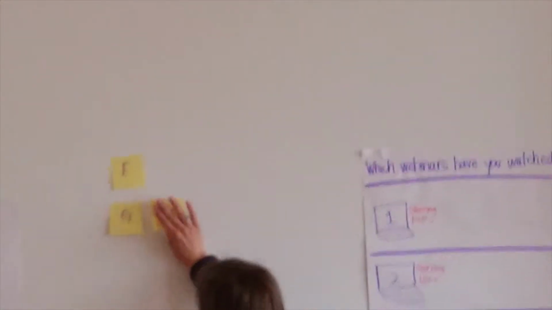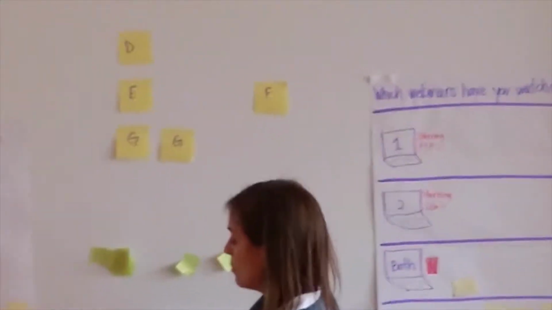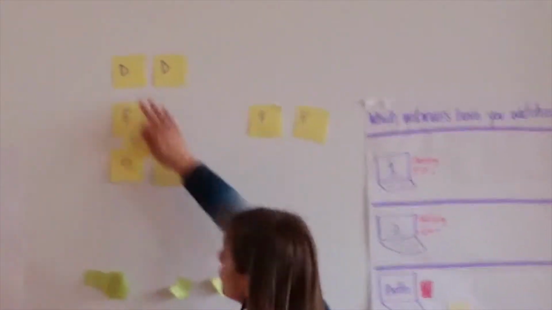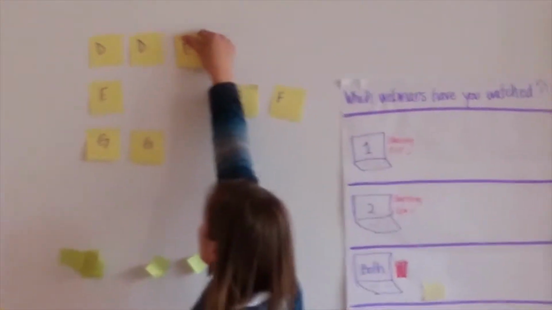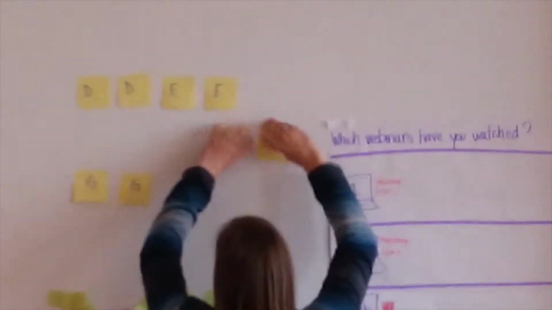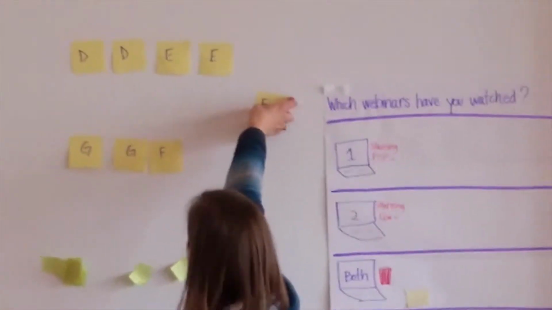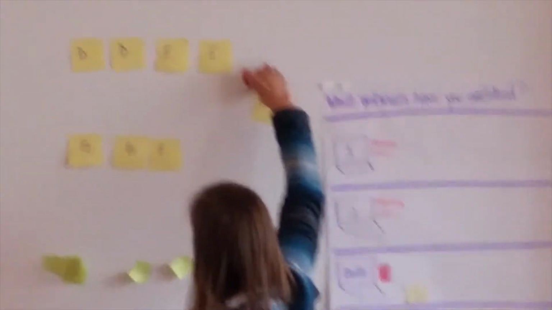But when you're working with multiple levels, we recommend that you try not to span more than 2 levels in a group at a time. So for sure I'm going to keep my D's together and then put my 2 E's in that group. And then I put my F's and my G's together too. And then when I start teaching them, I start from the lower level. So that's up to you to think about.